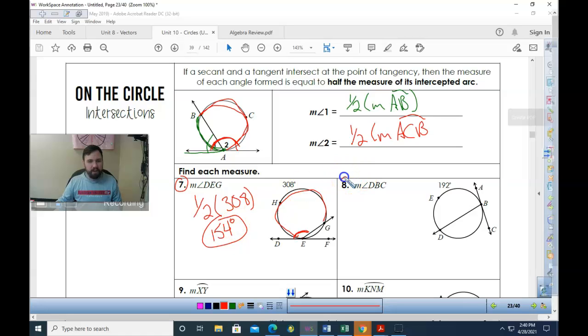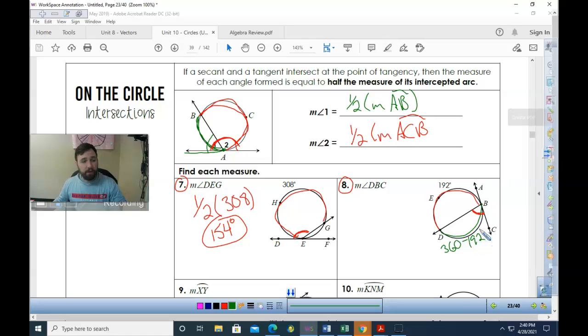Alright, let's try number 8. I'm looking for DBC. Oh man, I don't know my arc. Now this one, there are multiple ways to do it. I could find the arc, or I could find an angle first. A whole circle is 360 degrees, right? So if I know this is 192, to find the arc I'm missing, I could do 360 minus 192.